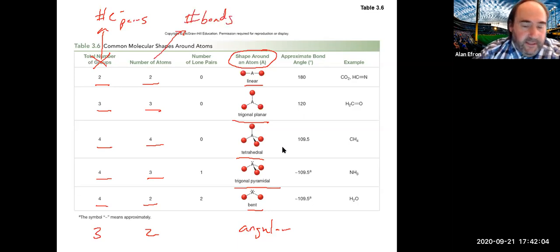And the best way to figure out what's going on is to just draw your Lewis structure correctly, always find the central atom, and count around it. Any questions on geometry or anything like that? Okay. You do not have to worry about bond angles either for us, so it's okay. So you don't have to worry about bond angles or electron pair geometry. Again, just the molecular geometry you do need to know.